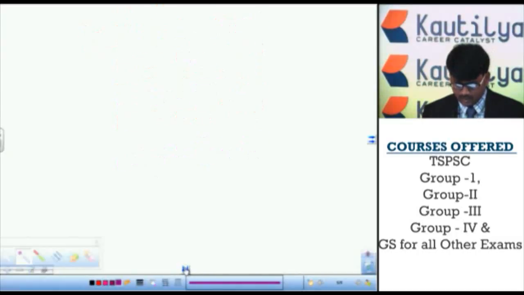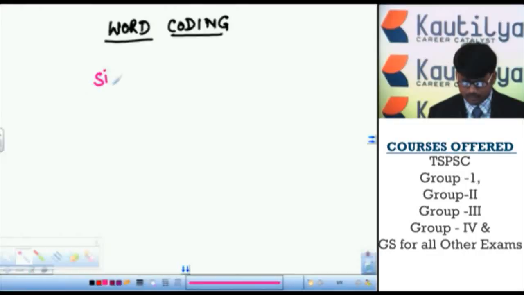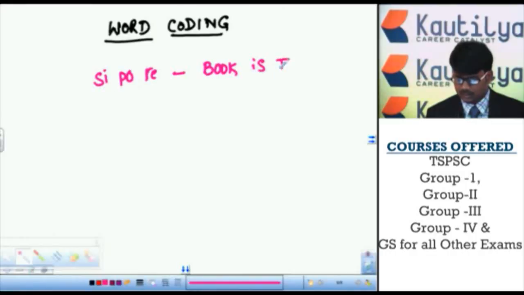Next, the last one is word coding. In word coding, they give SI, PO, RE means book is thick.